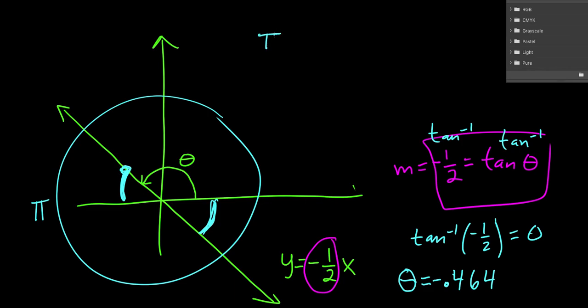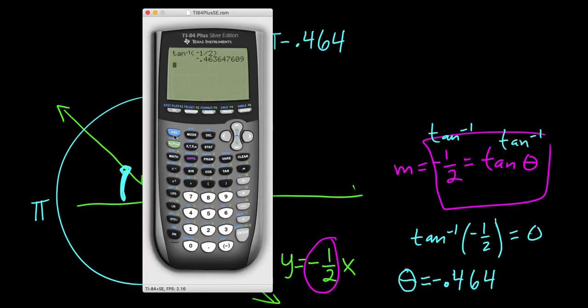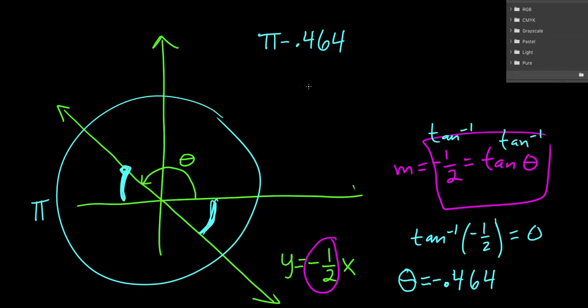So pi minus 0.464 is going to give us the answer that we want. Since it's negative up there, I'm just going to add my previous answer to pi. And so we get 2.68 if we round to three significant figures, and that's our final theta value.